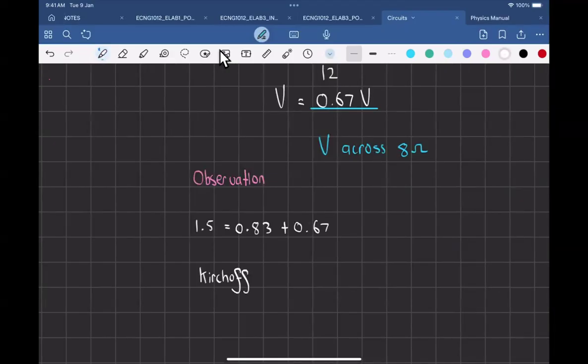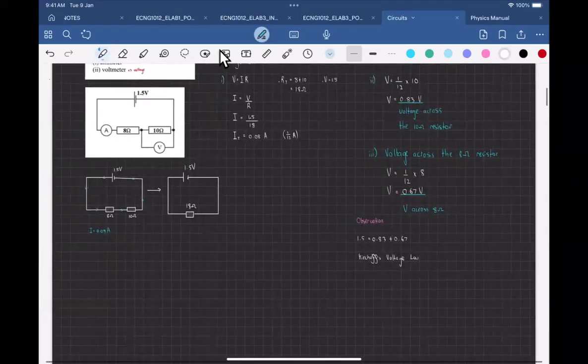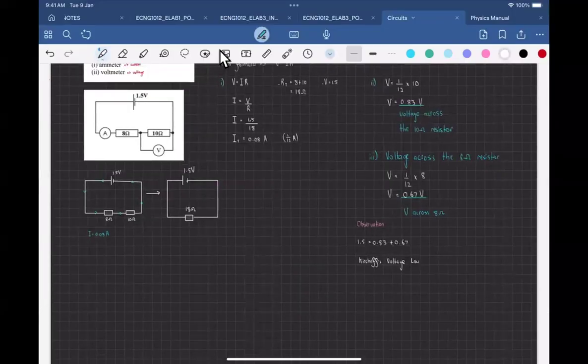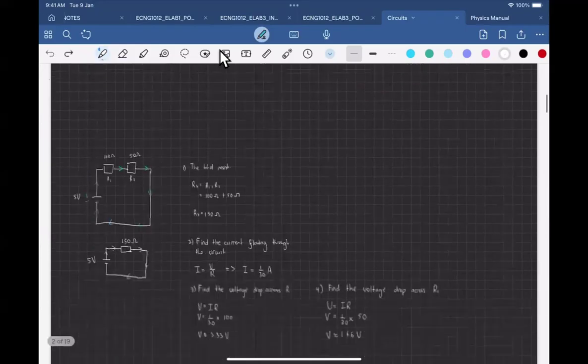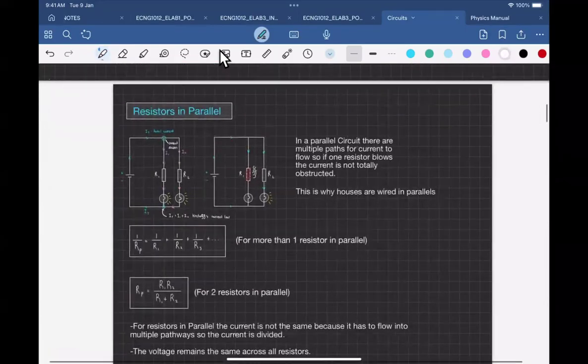Yeah, that's Kirchhoff's voltage law, and it states that the source voltage is equal to the voltage drops in a closed loop. So the source voltage was 1.5, and the voltage drops across the resistors were 0.83 and 0.67, so it gave you back the 1.5. That's Kirchhoff's voltage law.